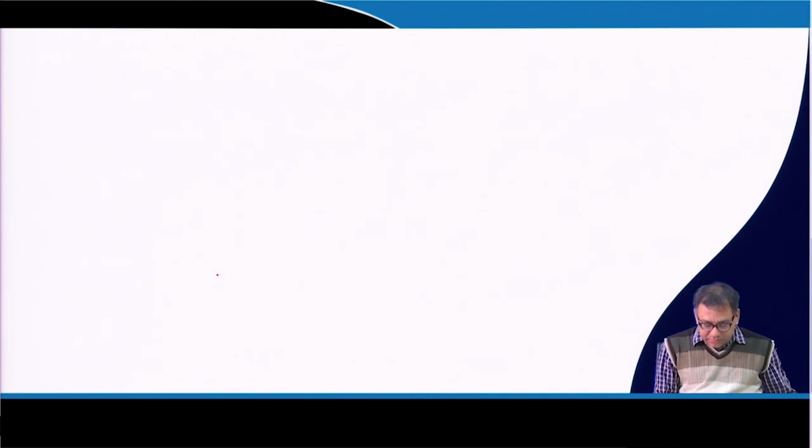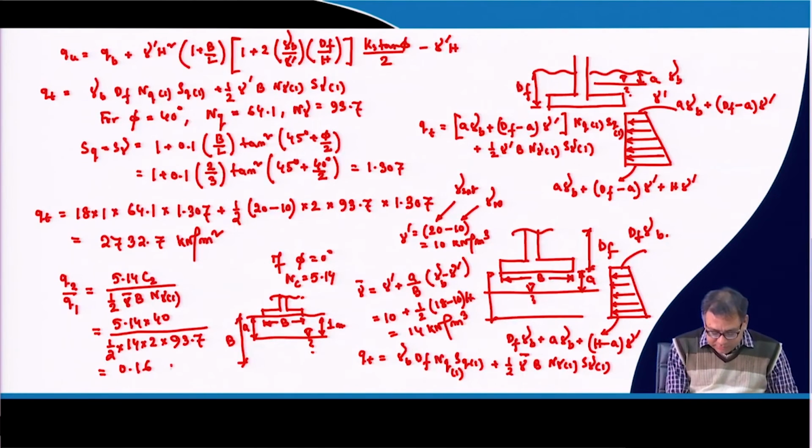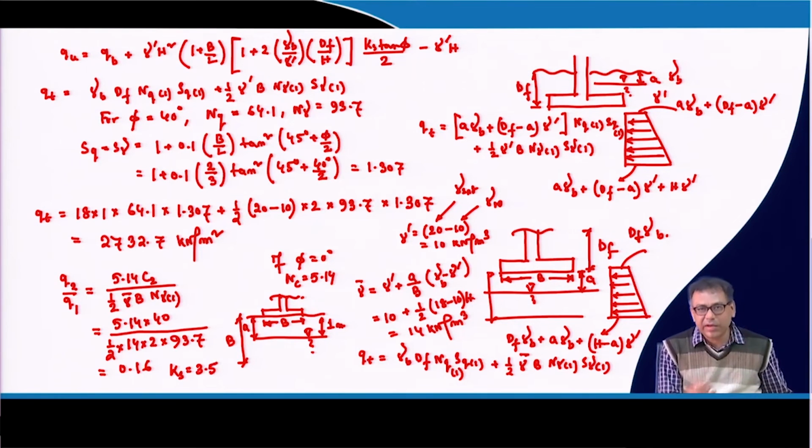So, for 0.16, the Ks value is roughly 3.5. When you are taking values from the chart, they may vary slightly because you are taking them by eye estimation, but that variation should be very small.